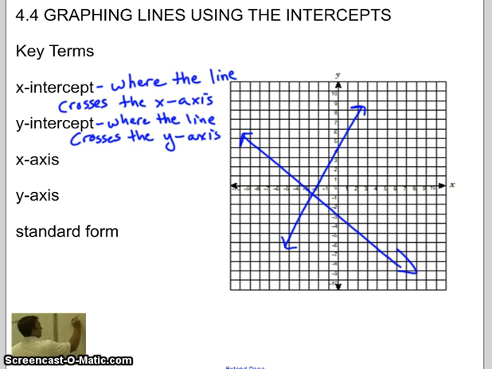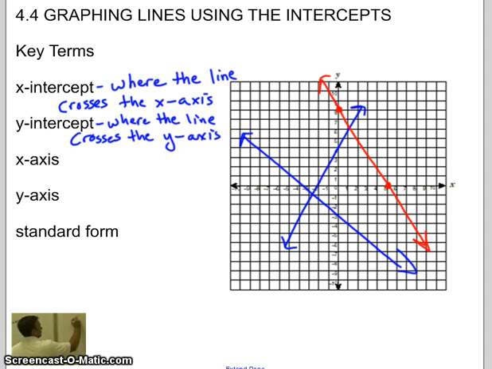Now, I'm going to draw another line here, this red line. I'm trying to do my best.